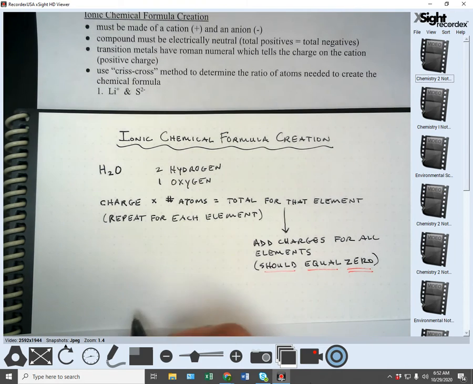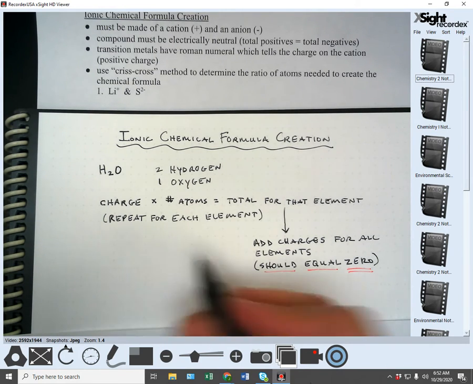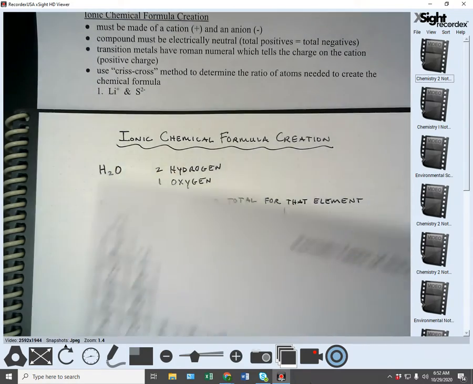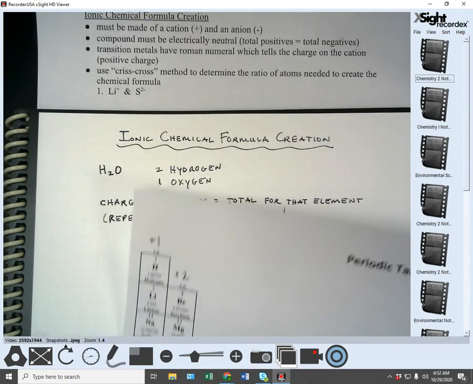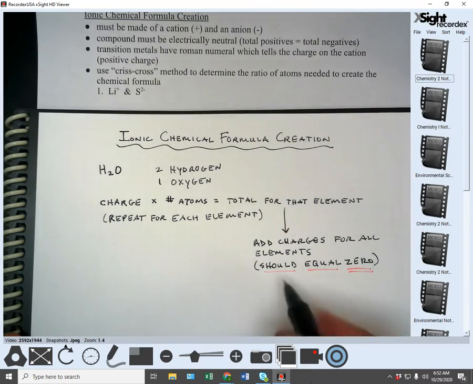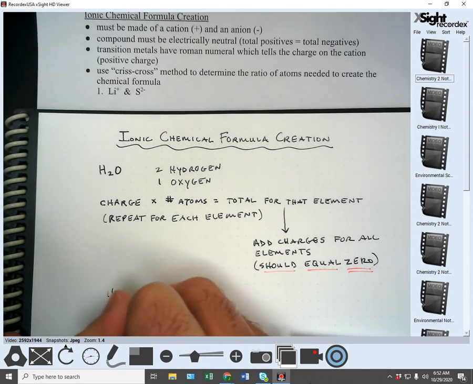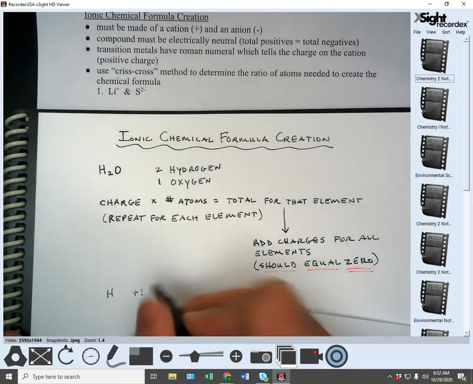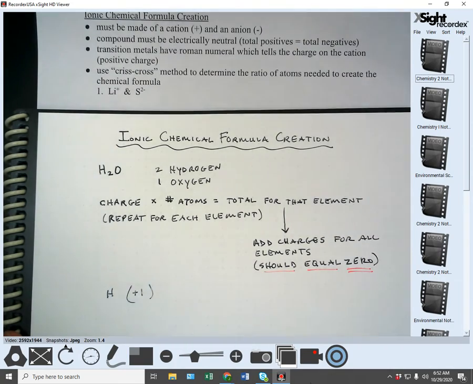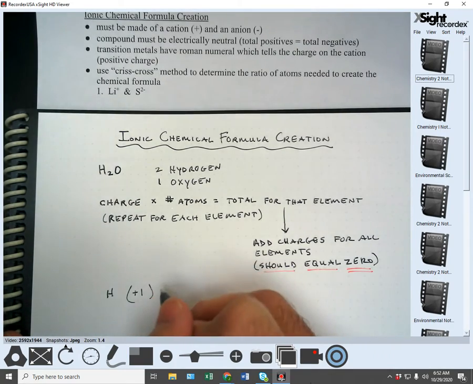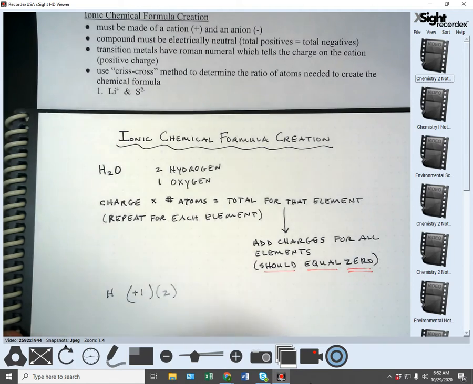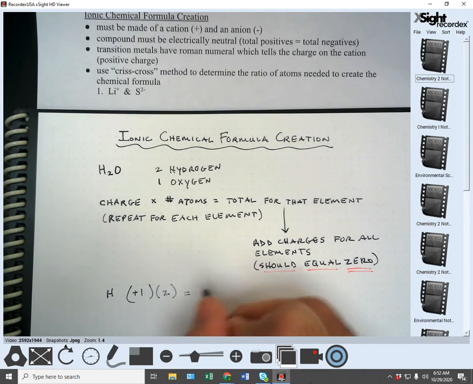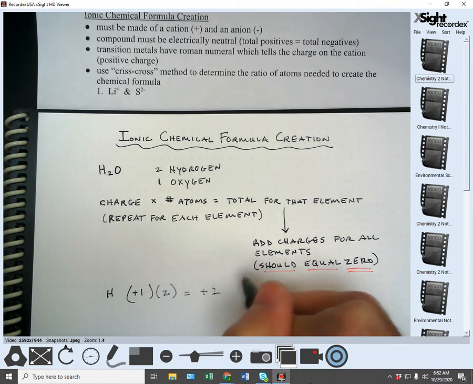Okay, so hydrogen, the charge on hydrogen, if we look on our periodic table, is a +1, right? So for hydrogen, the charge is a +1 times however many hydrogen atoms we have. We have 2. Okay, so that gives us a total of +2.